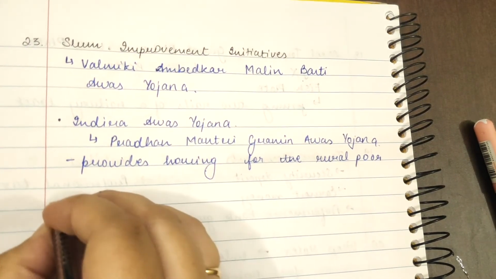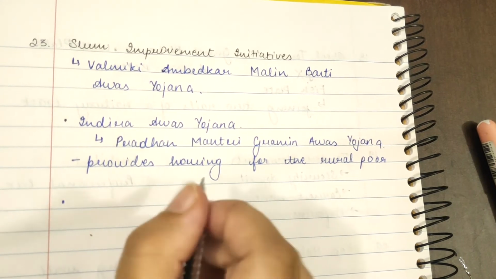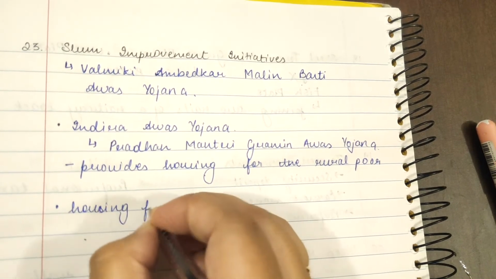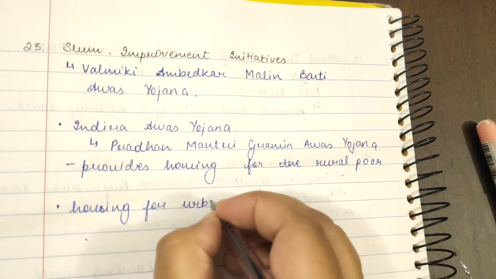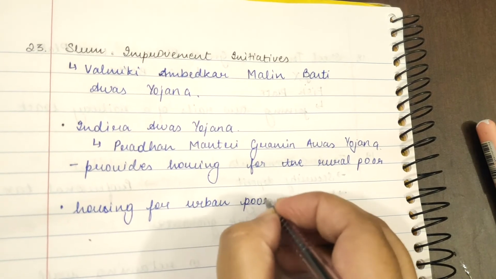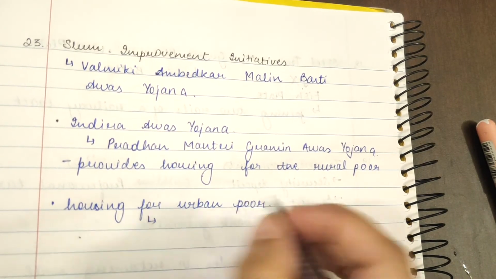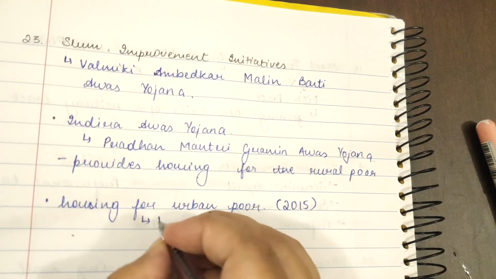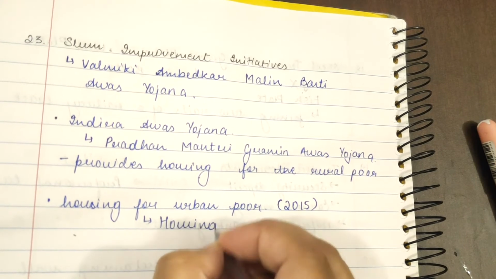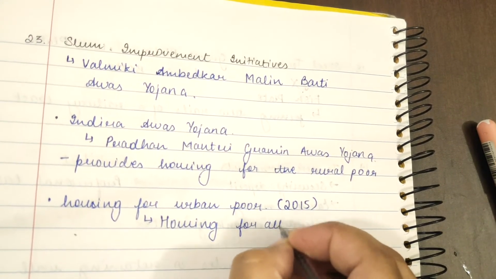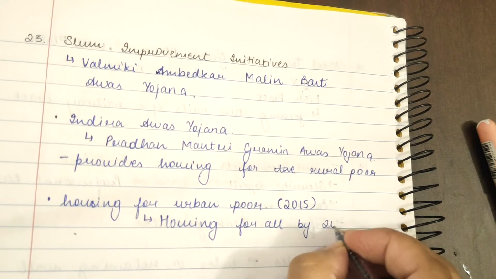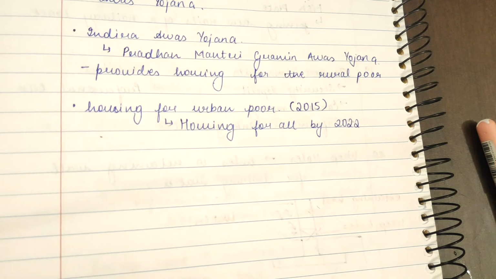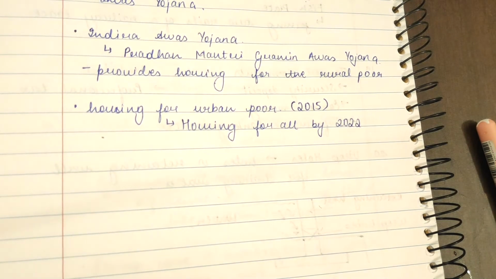And one more, there's a Yojana which provides housing for urban poor, which was started in 2015, this policy, housing for all by 2022. These years that have been given, like by 2022, keep changing with every 5 year plan.